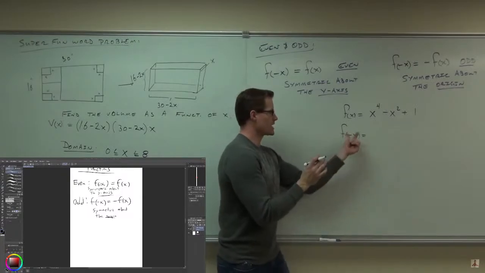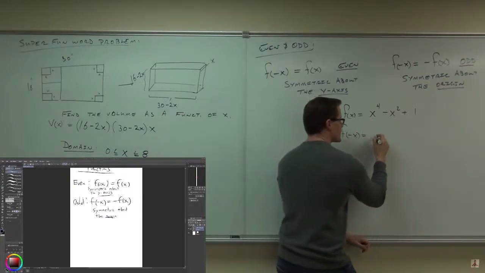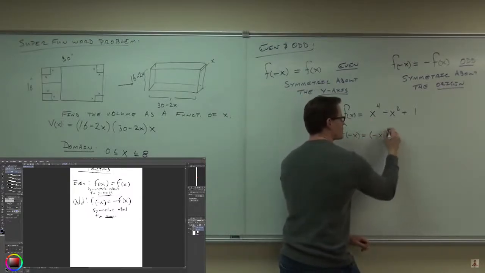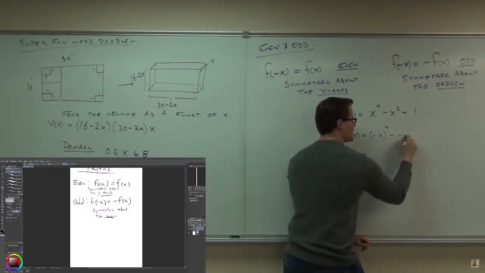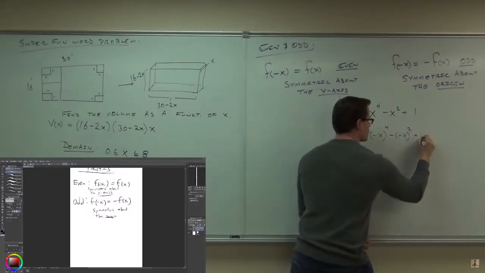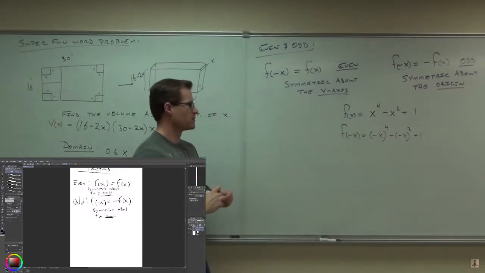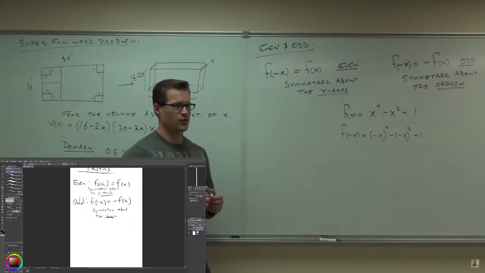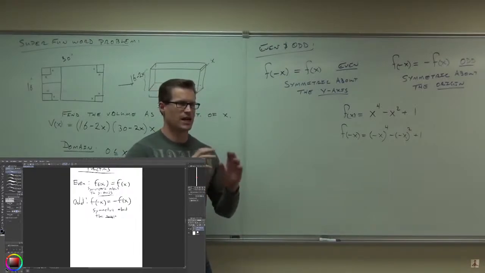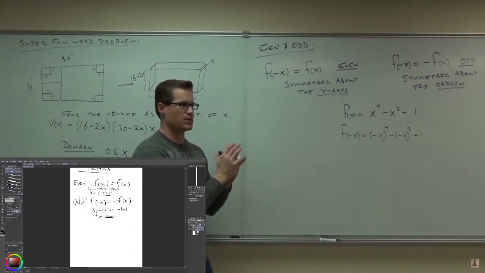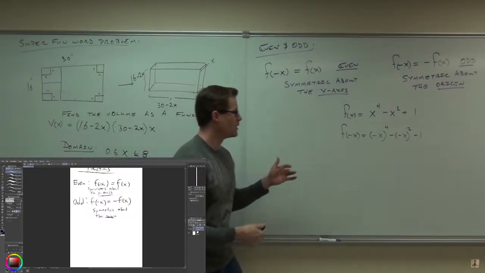You're just replacing x with -x. So for this, I want to see what happens with -x to the fourth minus -x squared plus 1. Don't use an actual number. You don't need an actual number. Just use the -x. It's still going to work out for you.